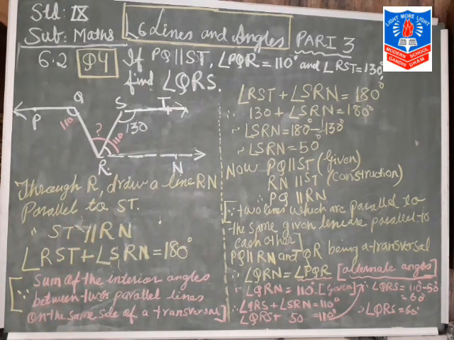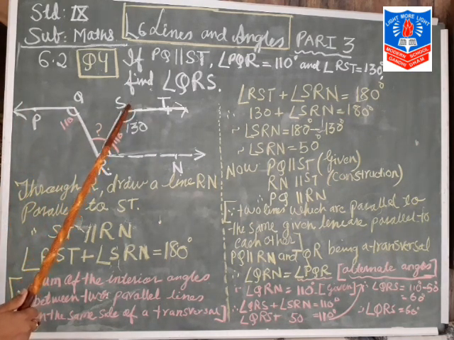Now we have PQ parallel to RN, so this one and this one are alternate angles. So now we will write QRS plus SRN equals 110. We will not write 180. Children, be careful.